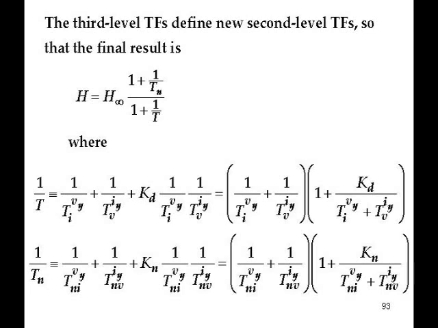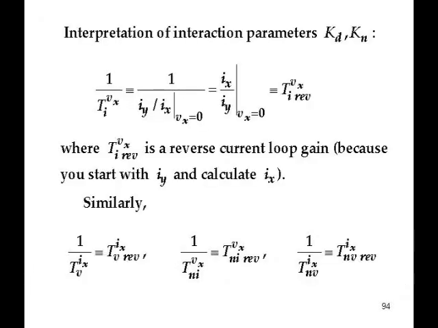One more thing about the interpretation, which is really all you need to remember about this one. The KD and the KN are the only parameters that involve the T ratios with the Vx or the Ix nulled instead of the Vy or the Iy. So what I've done here is I've started with a definition of 1 over Ti with Vx nulled, which is 1 over Iy over Ix with Vx nulled. I just turned it upside down. That's an inversion of the ratio.